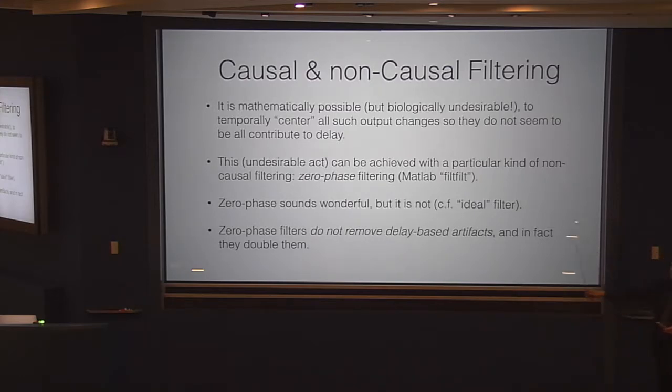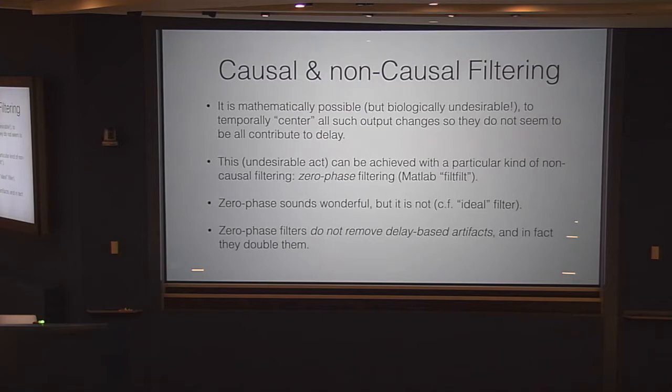Zero-phase filtering filters your data from the past to the present, and then it goes back and starts at the future and goes backwards in time to the first set. And this sounds beautiful and elegant. Zero phase sounds nice and fair. The past and the future are all buddy-buddy, and everything sounds wonderful.